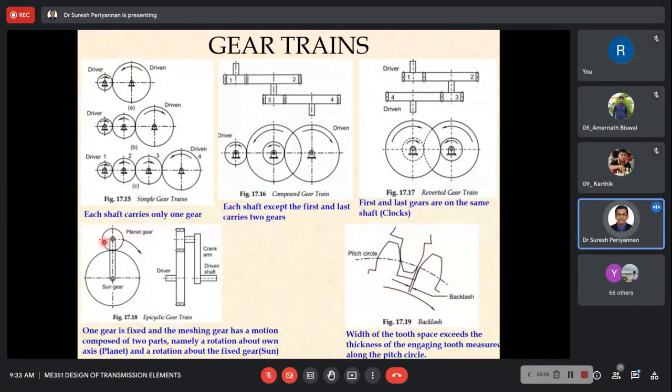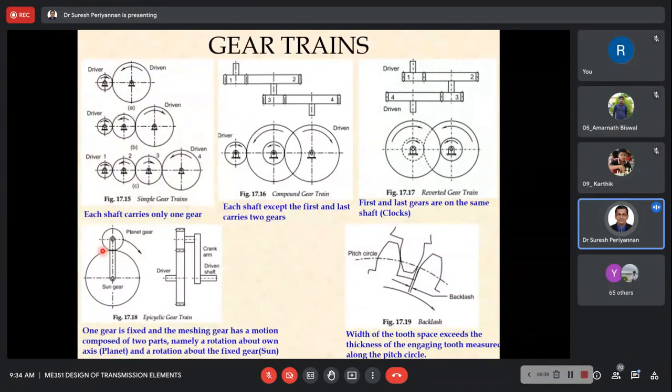It rotates about its own axis as well as around the sun gear axis along the circumference. So it is self rotation as well as rotation along with the sun gear axis. The sun gear is fixed, and only the planet gear rotates on its own and with respect to the sun gear axis.